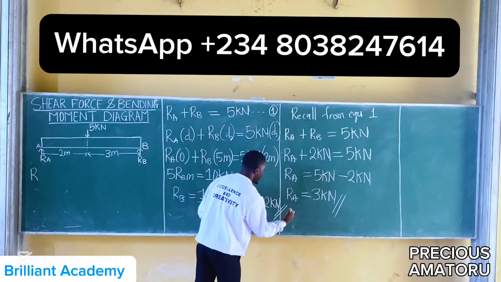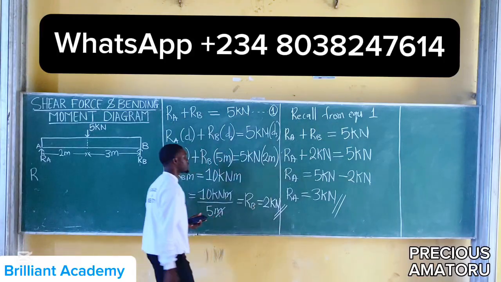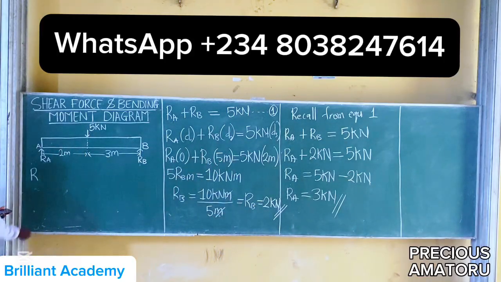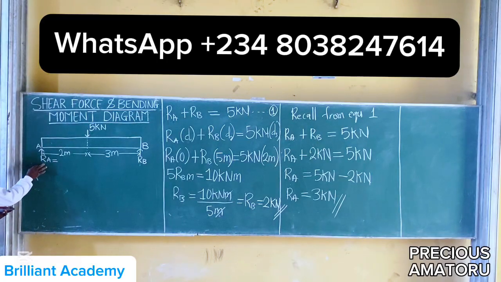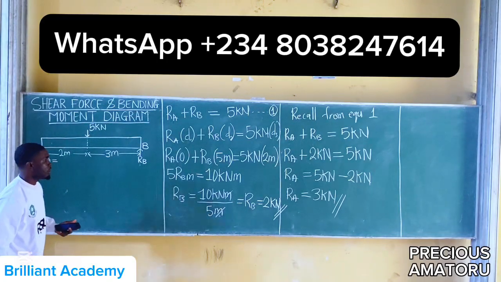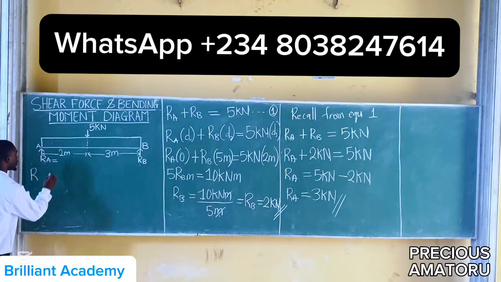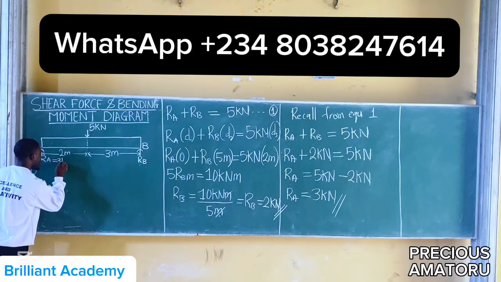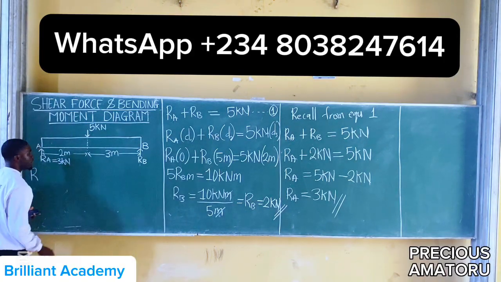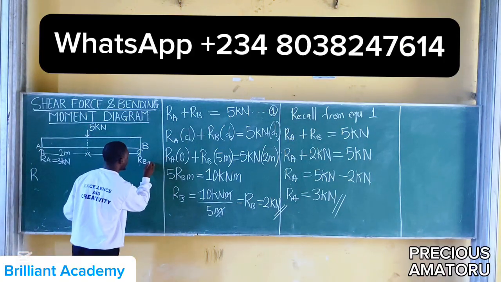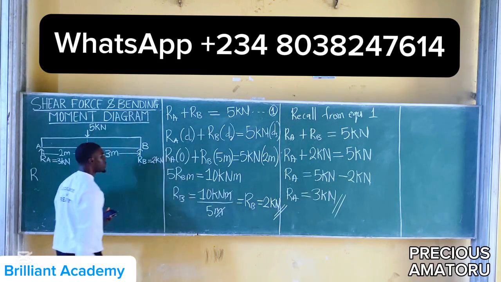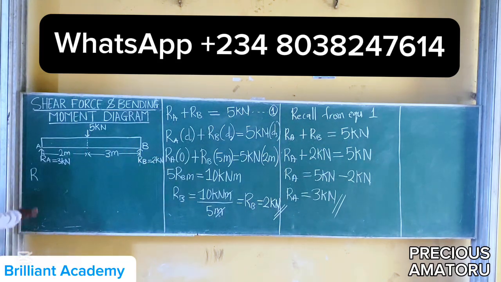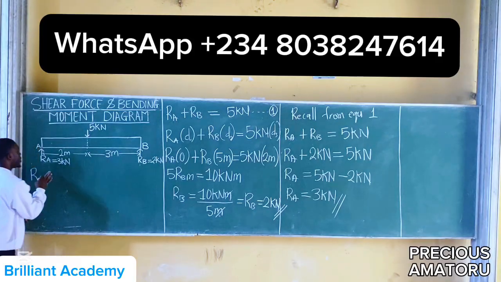Alright, so we calculated for RA and RB. So let's substitute them here. We have RA is equal to 3 kilonewton. And for RB we have 2 kilonewton. Alright, so we've gotten the forces acting on the beam.